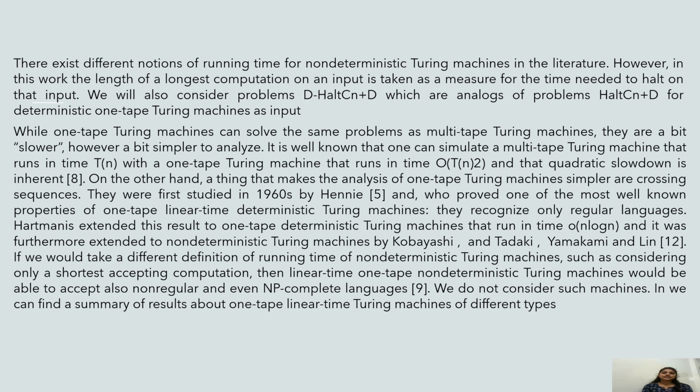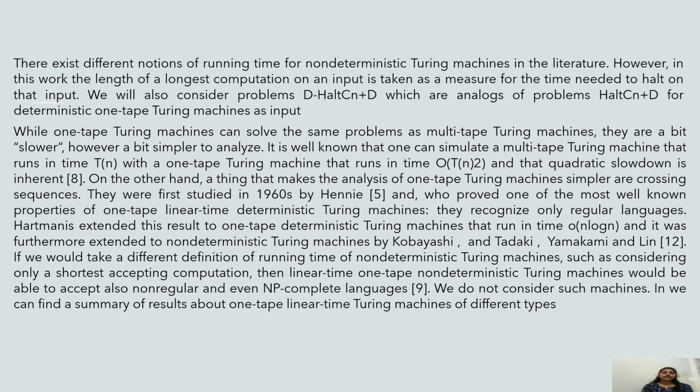This result was extended to one-tape deterministic Turing machines that run in time O of n log n, and it was furthermore extended to non-deterministic Turing machines by Kobayashi and by Tadaki, Yamakami and Lin.